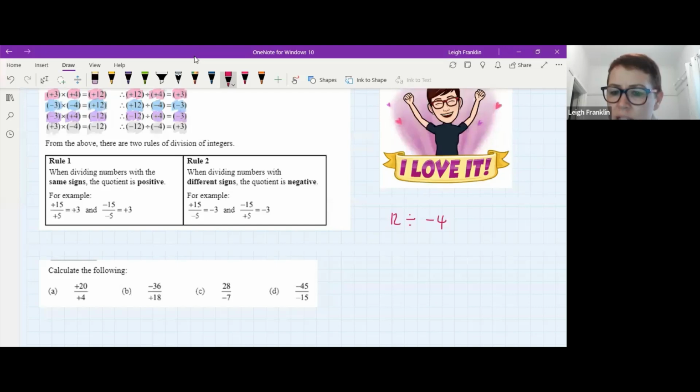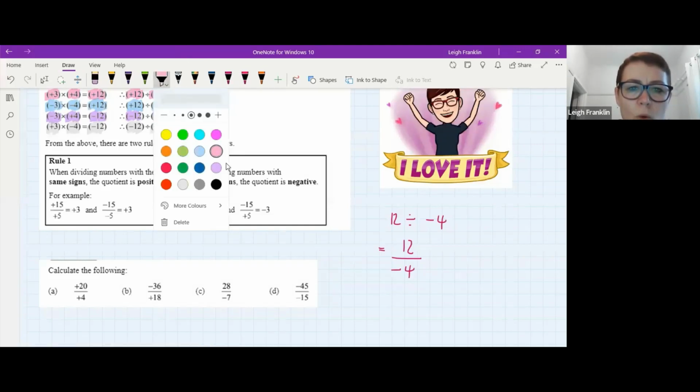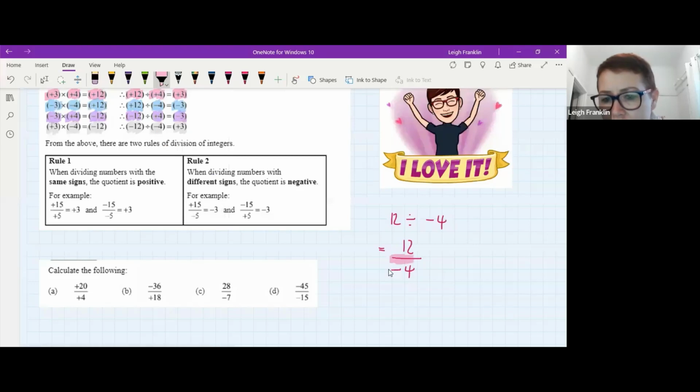What we would do is we would write it like this. We would write it as 12 over -4. Okay, so very important for us. When we write one number over another, that means divide. Okay, so it is a symbol for divide as well.